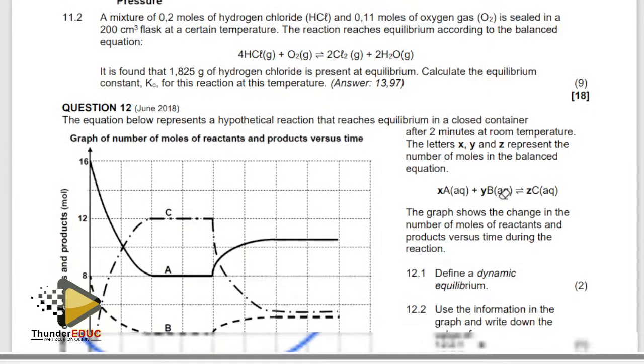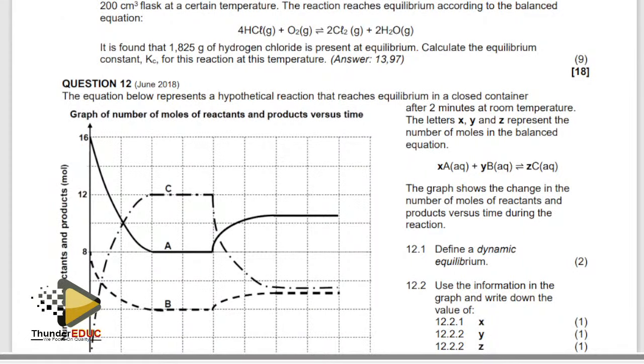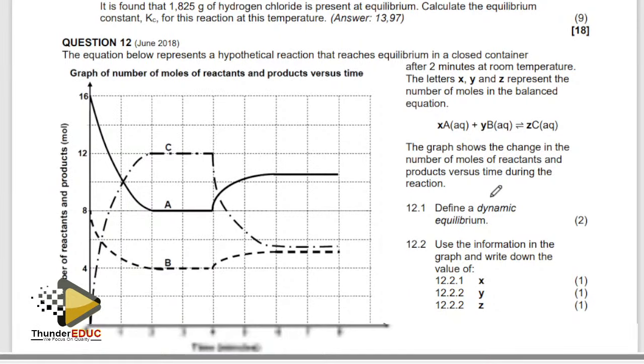So you have to read here. The equation below represents the hypothetical reaction at equilibrium. After 2 minutes at room temperature, x, y, and z represent the number of moles in the balanced equation. The graph shows the change in the number of moles of reactant versus time during the reaction. So now they're saying dynamic equilibrium.